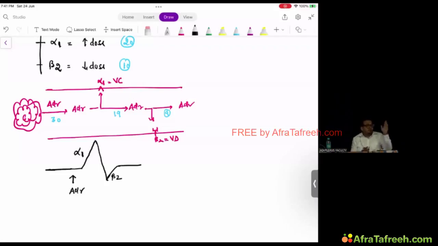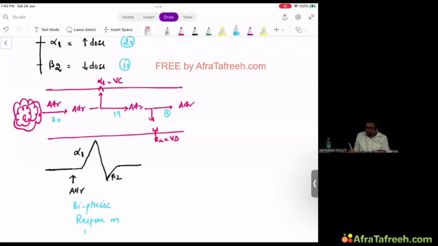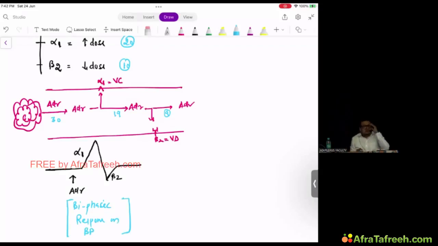It goes up, because when you have given it, the concentration is high, alpha 1 action. After some time, concentration falls, so alpha action will go away and beta 2 action will come. This is called a biphasic response on BP. So adrenaline has a biphasic response on BP. Initially it causes a rise, alpha 1 action, then it causes a fall, beta 2 action, then comes to normal.